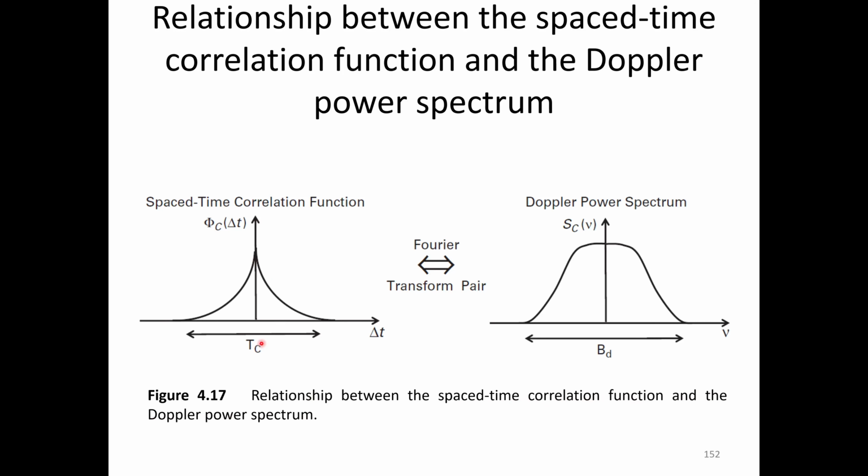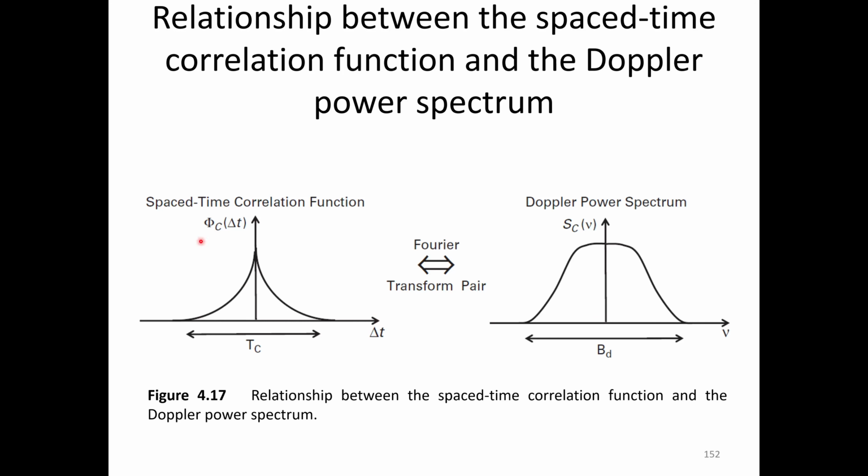On the left-hand side of this figure is the space-time correlation function, capital phi c of delta t, which is a function of delta t, that is the time difference.